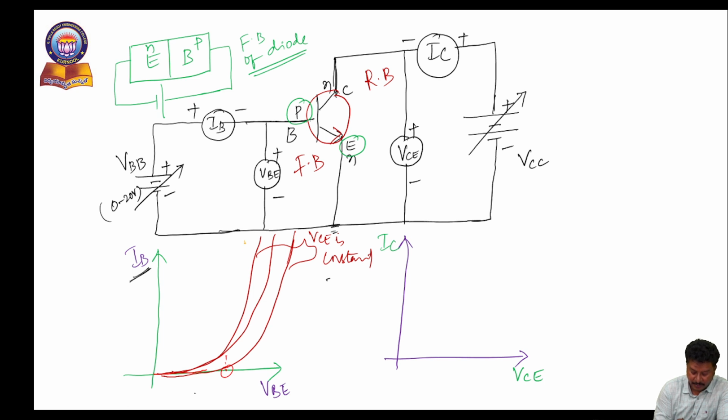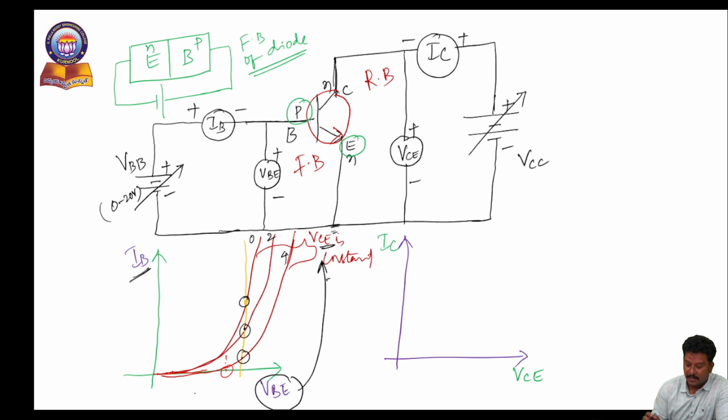You can observe that at this point, and this point, and this point, as VCE is changing from 0 to 2 volts, from 2 to 4 volts, if you carefully observe, IB current is decreasing. Nothing but the input current is depending upon the VCE. Sorry, the input current is constant, but the VBE is depending upon the VCE.